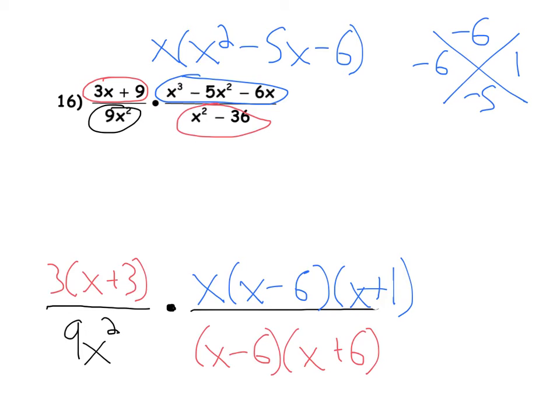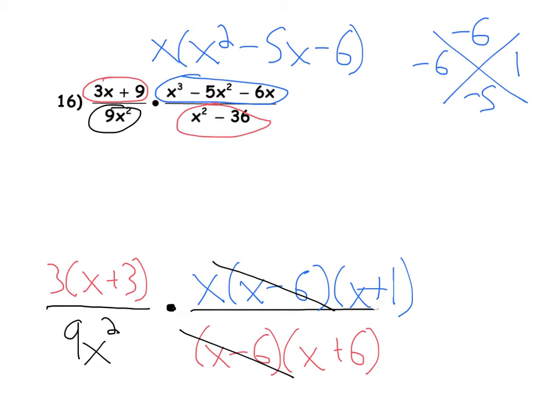And now we are ready to cancel out some very nice things here. Starting with, I think the most obvious one is the x minus 6 in the numerator and denominator. We can get rid of those, and all is good. Let's keep going.